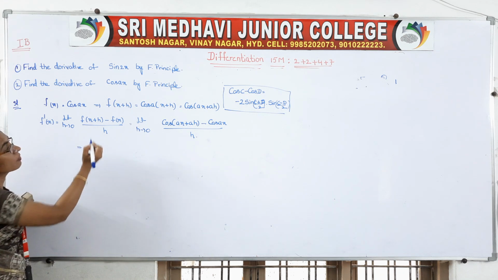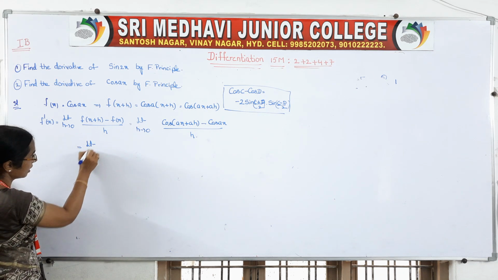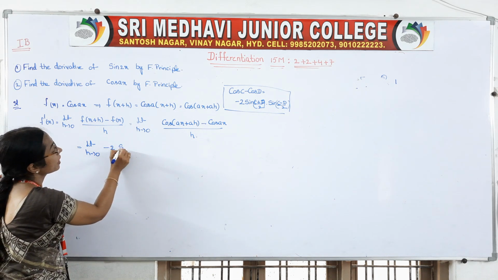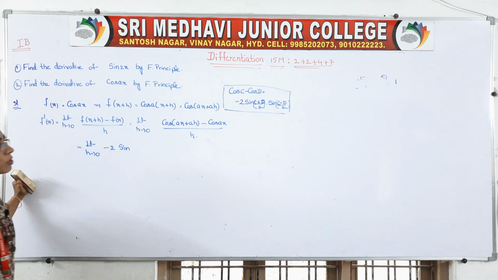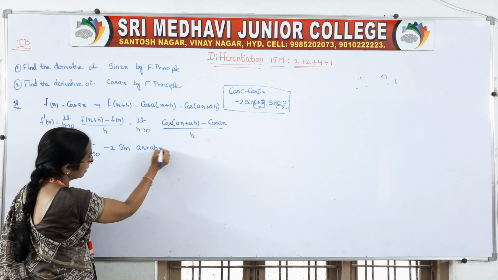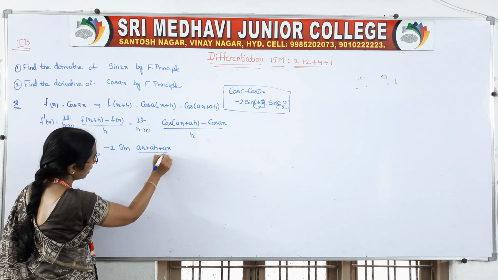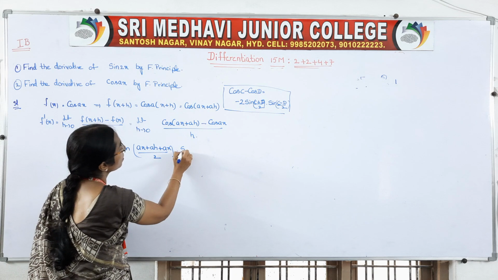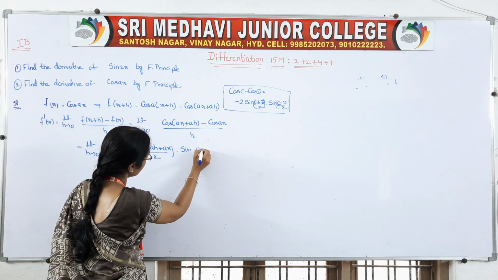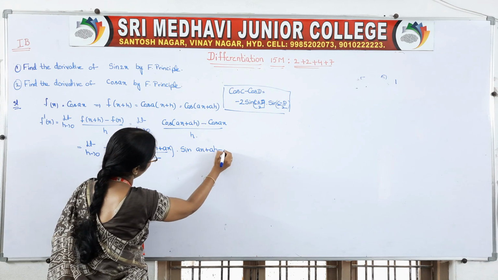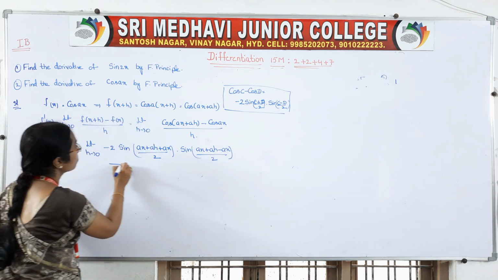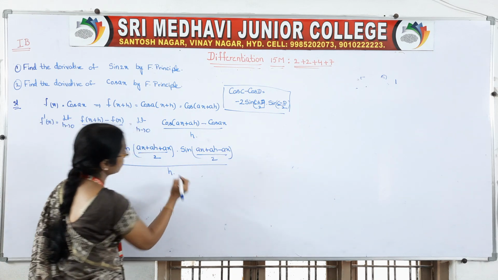So we can write limit h tends to 0 of minus 2 sine of (c plus d) by 2, where c is ax plus ah and d is ax, into sine of (c minus d) by 2, that is (ax plus ah minus ax) by 2, whole divided by h.